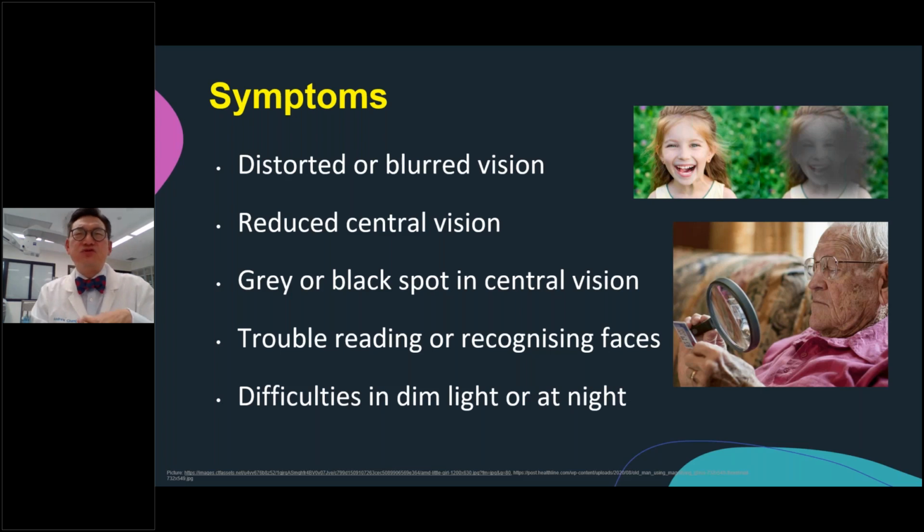They may have troubles reading or even recognising people's faces. Magnifiers are needed in order to enlarge the image so a patient can see. And it's worse in dim light or at night because the photoreceptors that detect light work very much for colour, for high acuity, and also it is more obvious at night when these are not working.